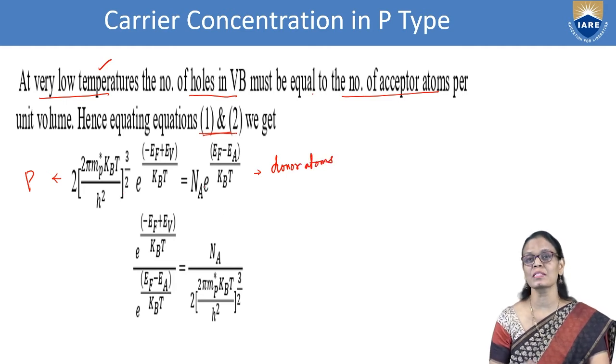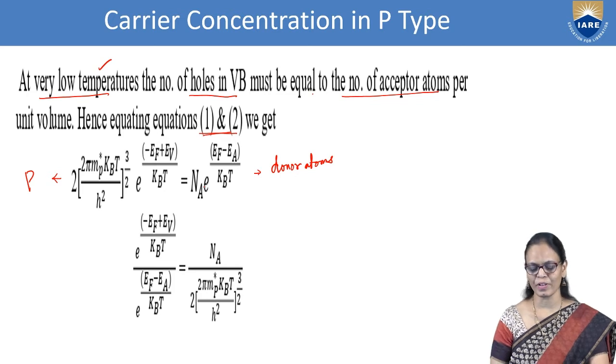Now we are going to simplify this equation. We will take both the exponential terms onto one side and bring the constants onto the other side. So we get e power (minus Ef plus Ev) by kBT, and this term, e power (Ef minus Ea) by kBT, comes to the denominator.